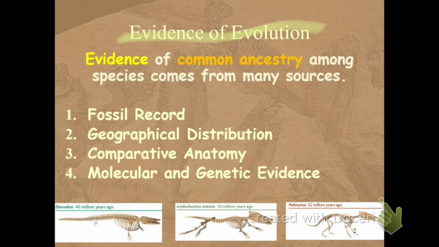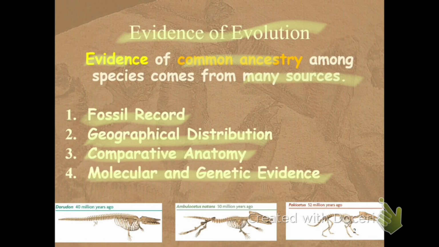On the right-hand side, you're going to put evidence, common ancestry from many sources. The evidence of common ancestry is from many sources. We're going to list 4 here: fossil record, geographical distribution, comparative anatomy, and molecular and genetic evidence.